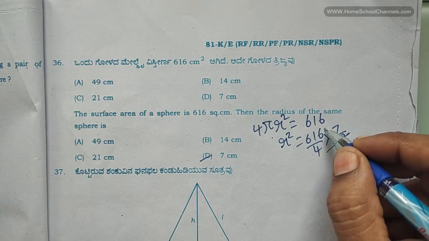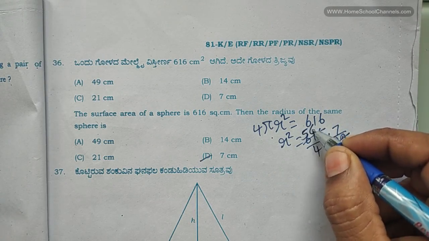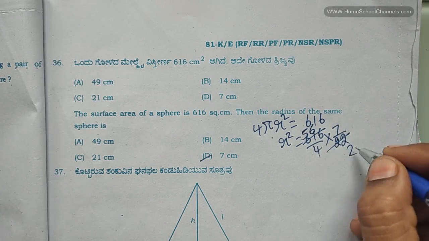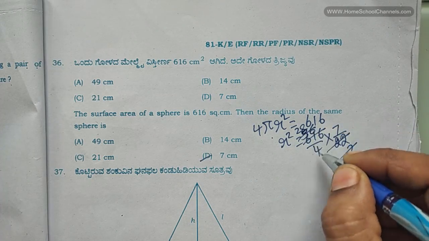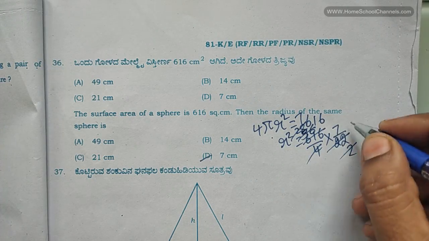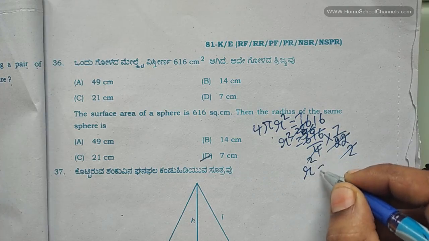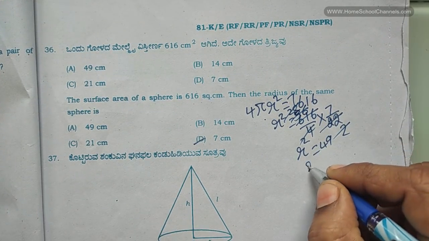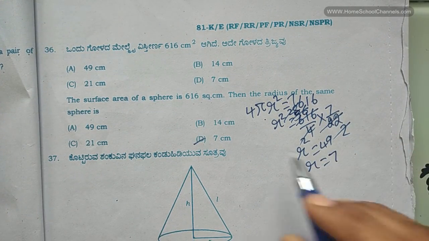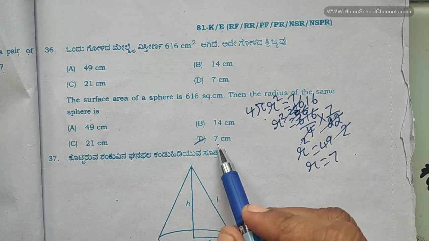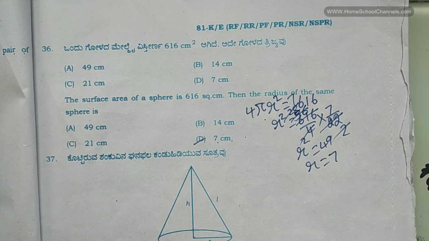Cancel. 11 2s are 22, 11 5s are 55, 11 6s are 66, and again 2, 28, 7 7s are 49. So r square is equal to 49, r is equal to 7. Therefore, the radius of the same sphere is 7 centimeters.